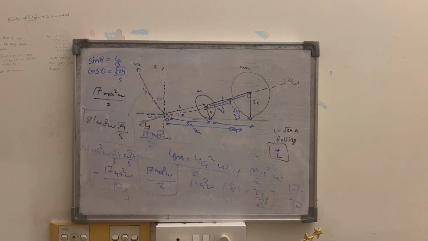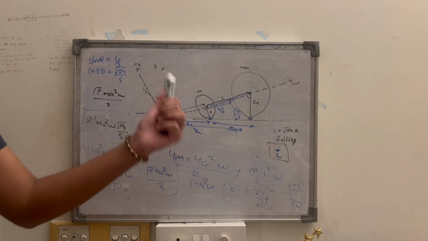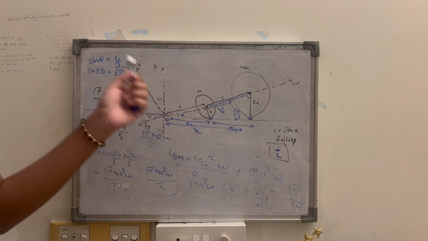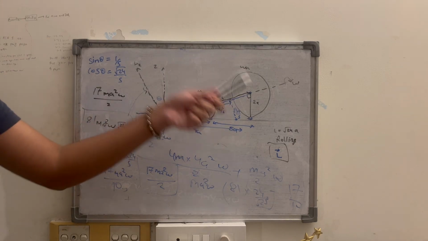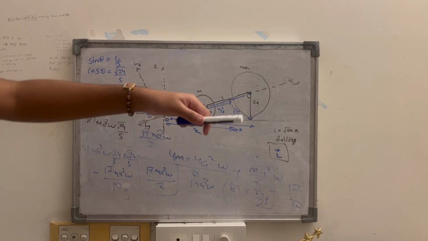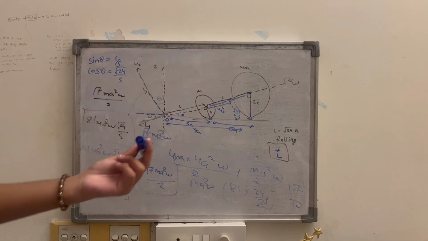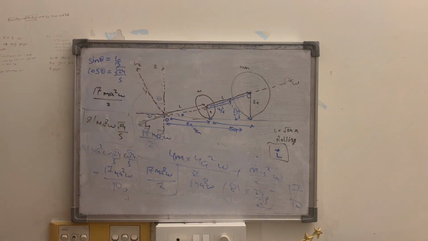So the two correct options are that the center of mass has angular velocity omega by 5 about Z, and that the angular momentum of this system about the center of mass is 17 ma square omega by 2. So I hope you got this solution.